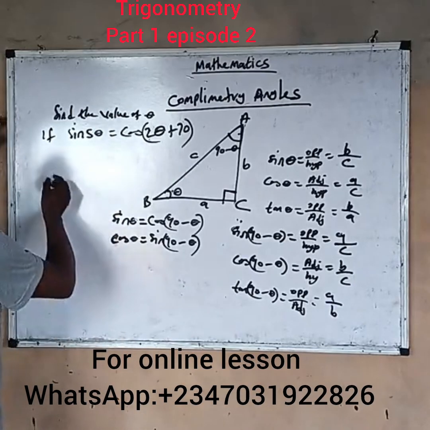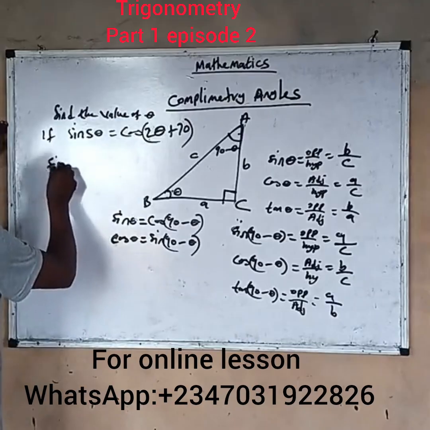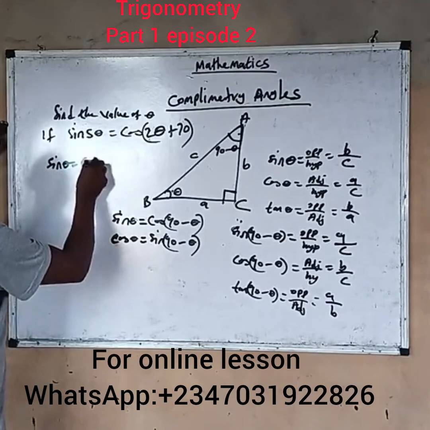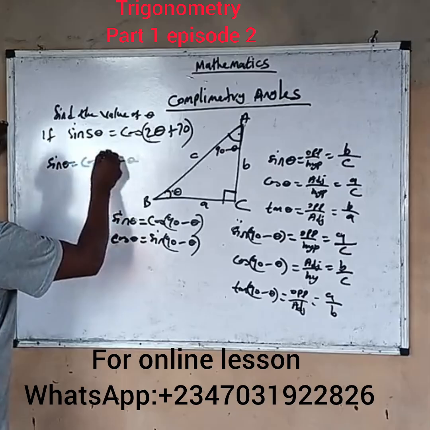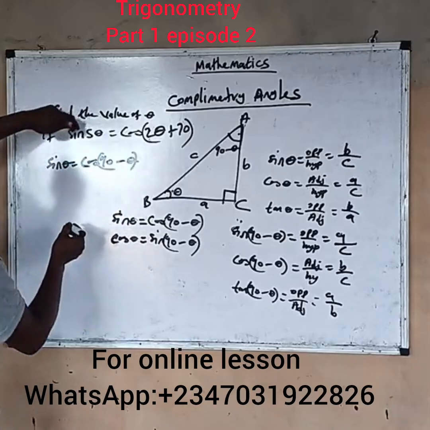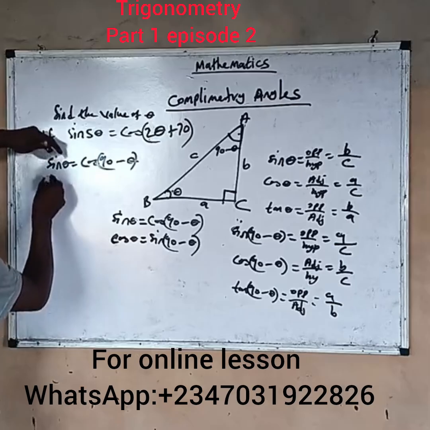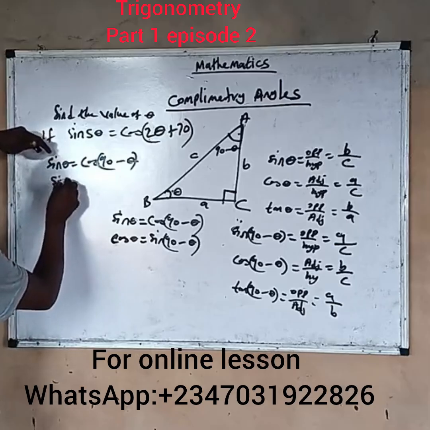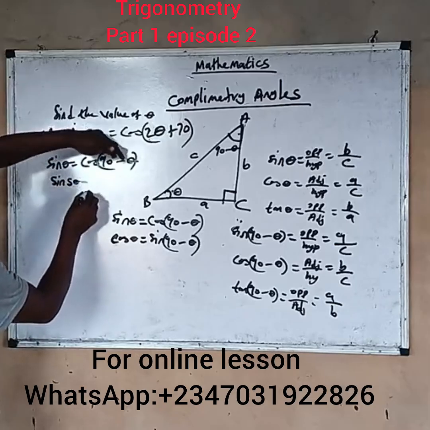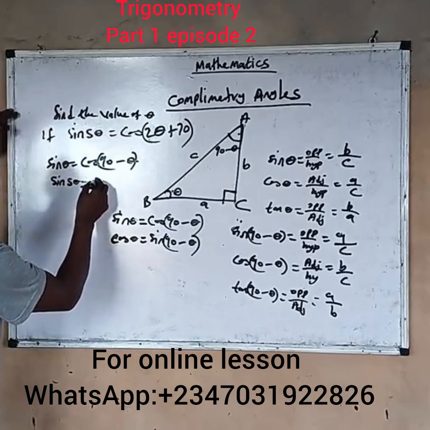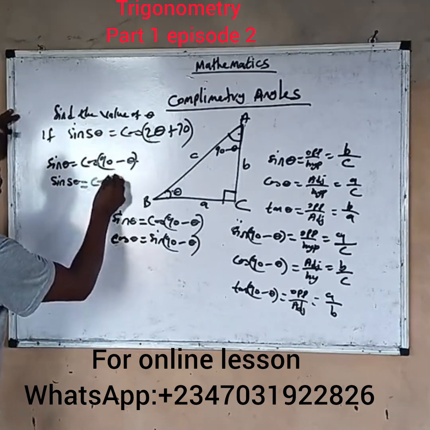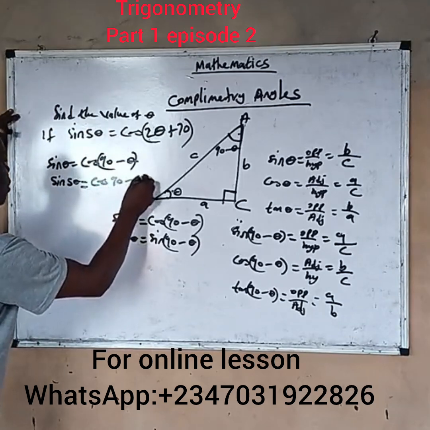So sine theta is equal to cos 90 minus theta. When you look at this, this sine has 5 theta here. So in place of this theta, I will put 5 theta, which means anywhere I see theta here, I will also put 5 theta. So this will now be cos 90 minus 5 theta.